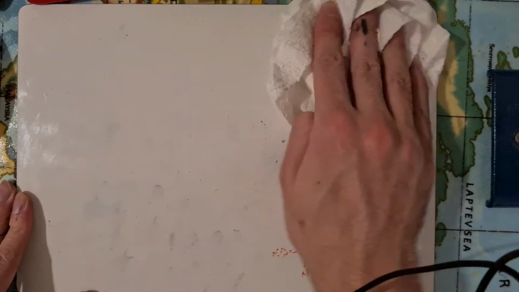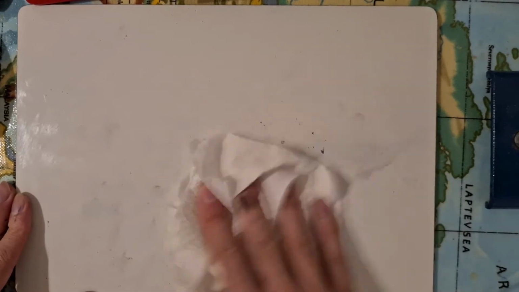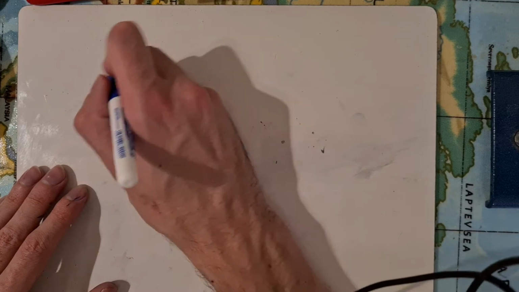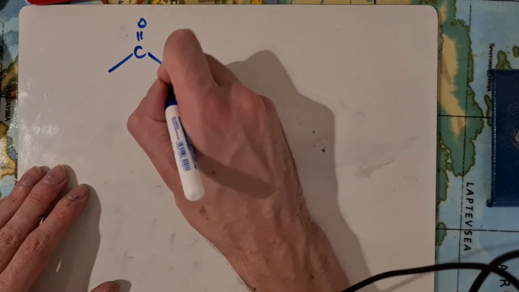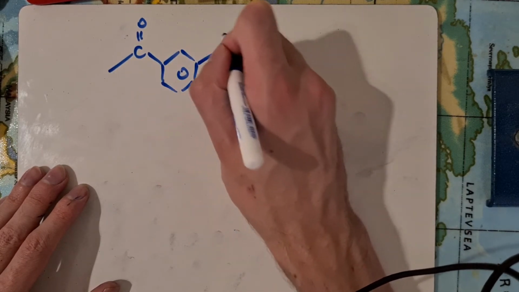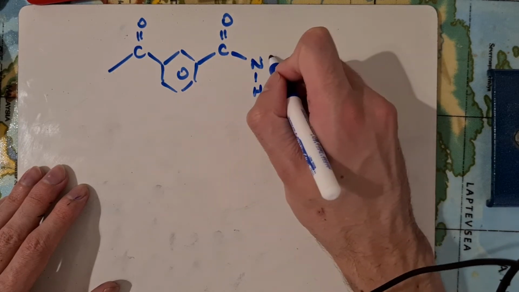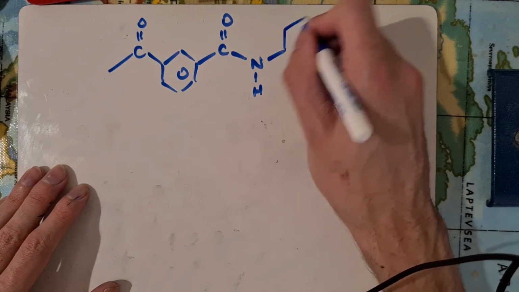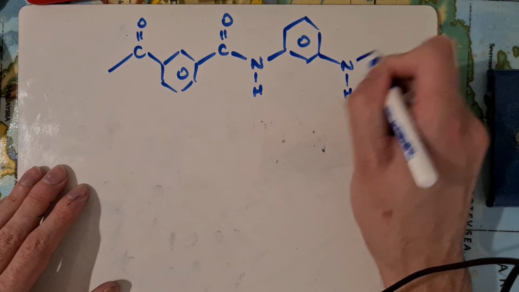The hydrolysis of amides is slightly different. Sorry, hydrolysis of amides. You're not going to hydrolyze amines. If we have a look at the structure we've got in your booklet, we've got this nice polyamide.